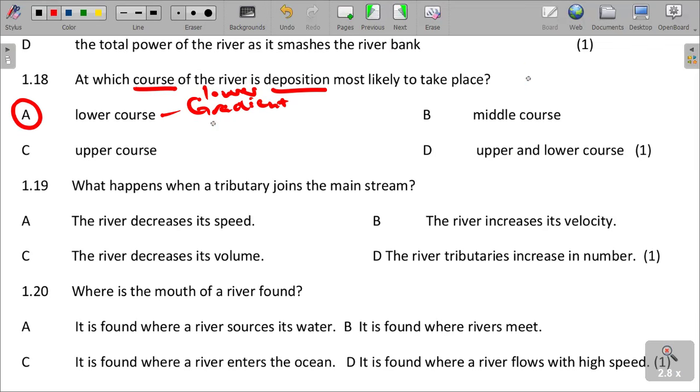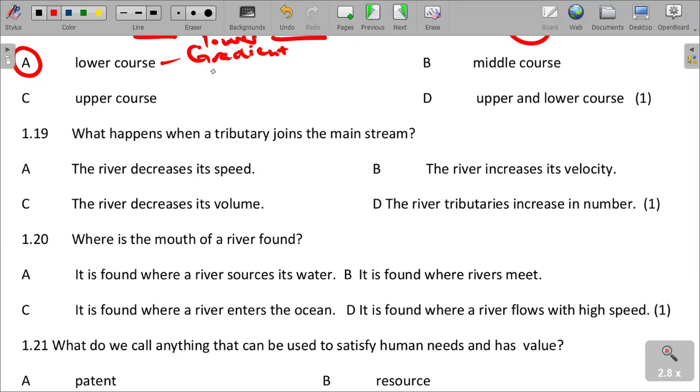So our answer is A. And then what happens when a tributary joins the mainstream? When the tributary joins the mainstream, what happens? The river does not decrease its speed, because there is an increase in volume. So the river increases its velocity.